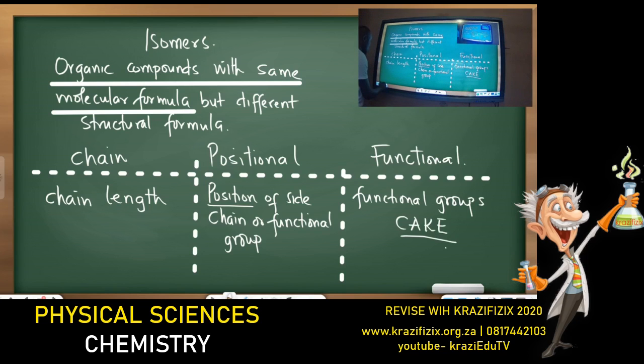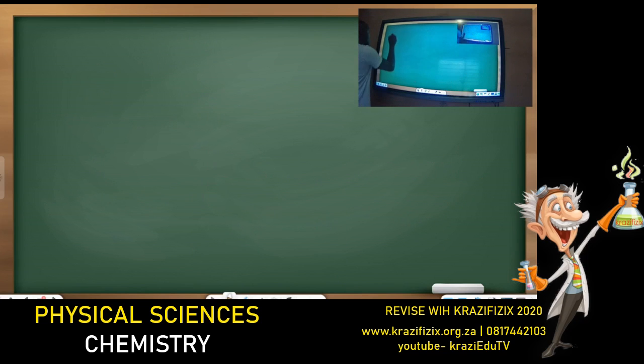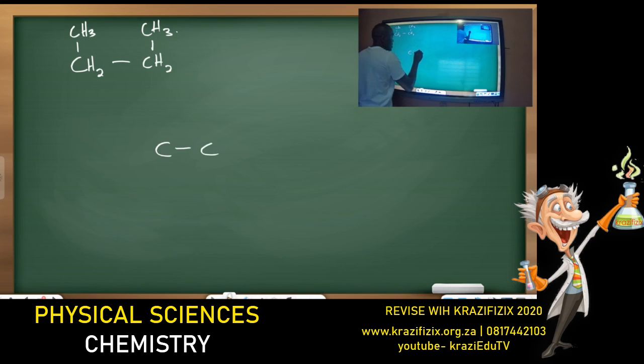So this question wants us to draw a chain isomer of butane. This is what the examiner drew. Now, make sure the chain lengths are different.